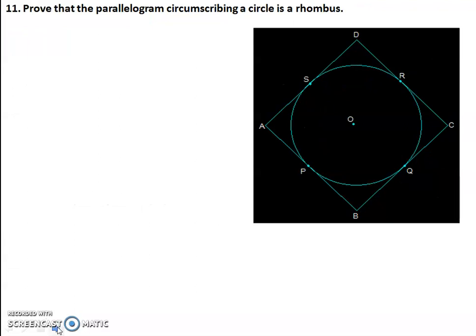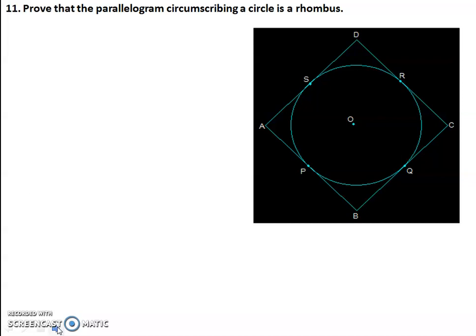That is, prove that the parallelogram circumscribing a circle is a rhombus. In the previous question, it was a quadrilateral. In this question, it is a parallelogram. What is the peculiarity of a parallelogram other than a quadrilateral? A quadrilateral and a parallelogram are both four-sided polygons.